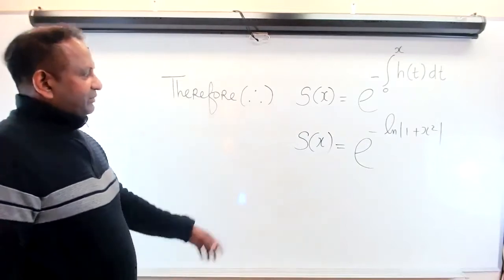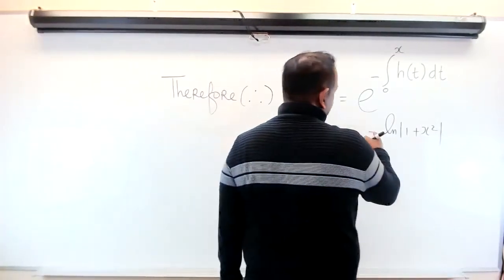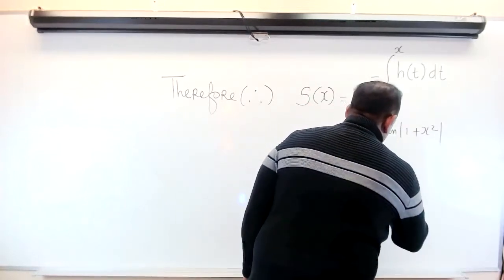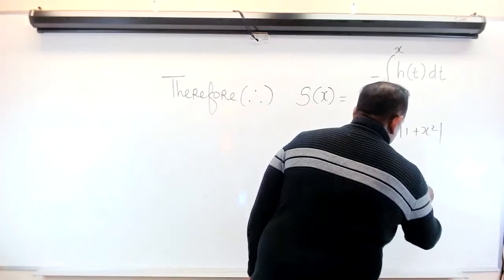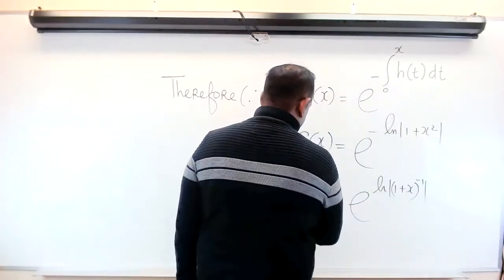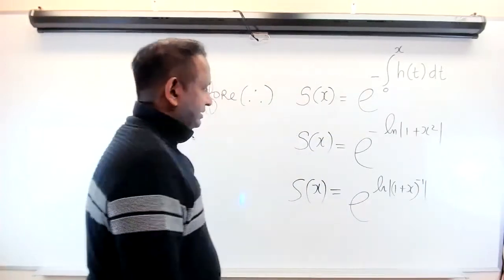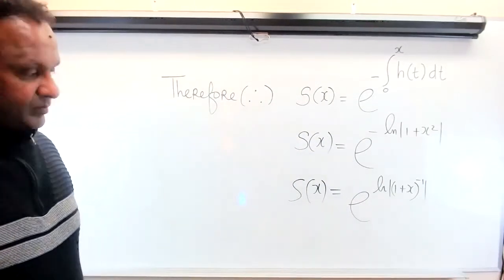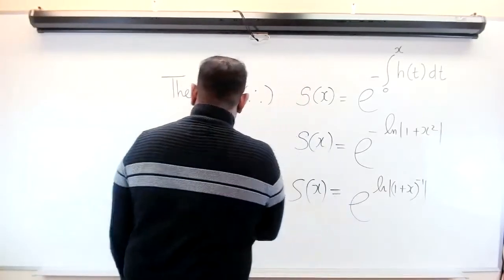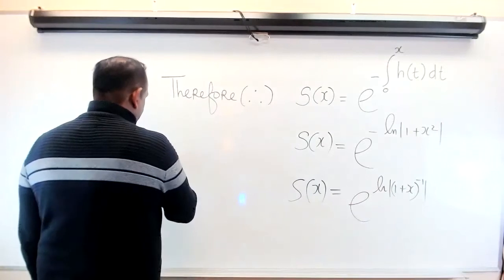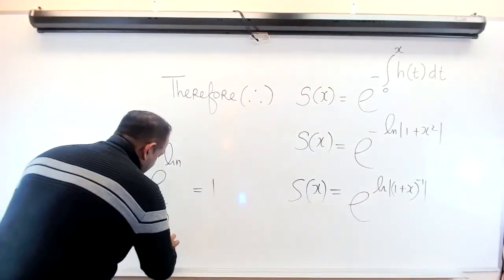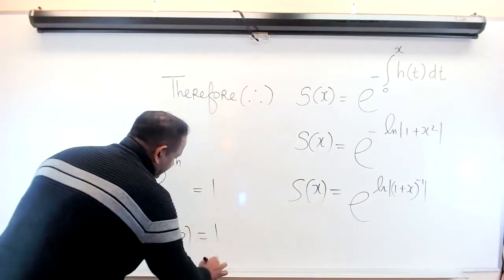Now you can simplify further. I can bring this negative up to the exponent: e to the power of negative ln of 1 plus x squared. Then what? e to the power of ln is 1. Ln of e is also 1.